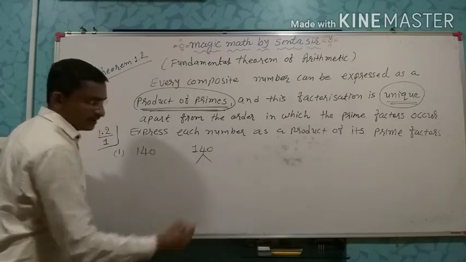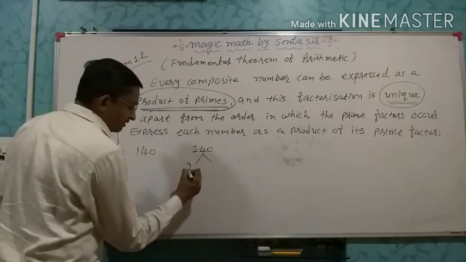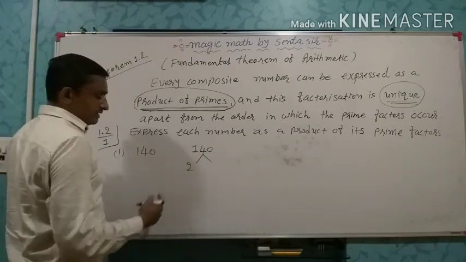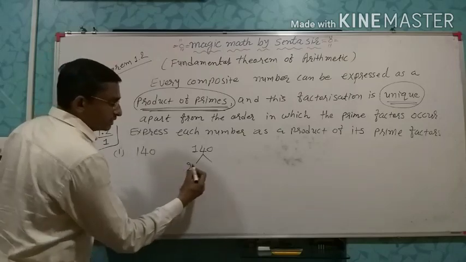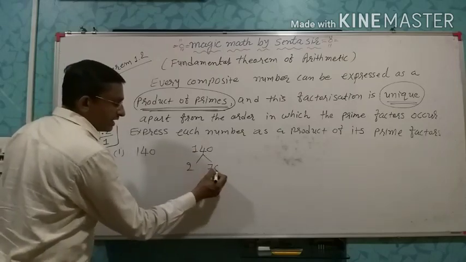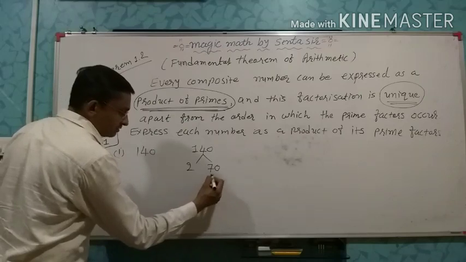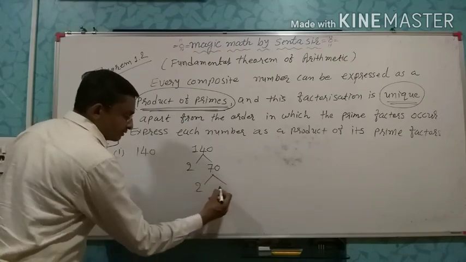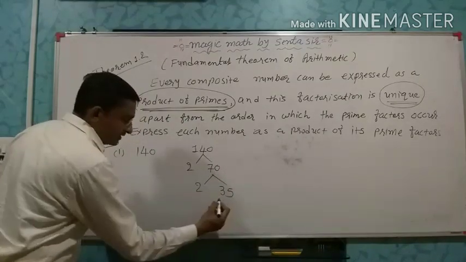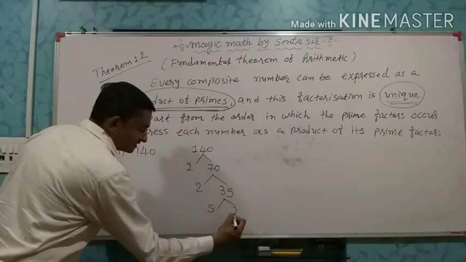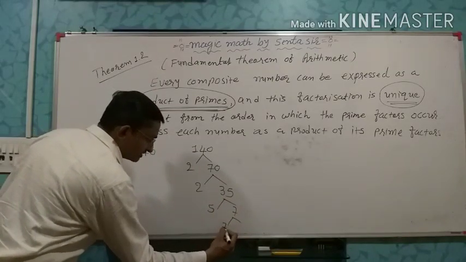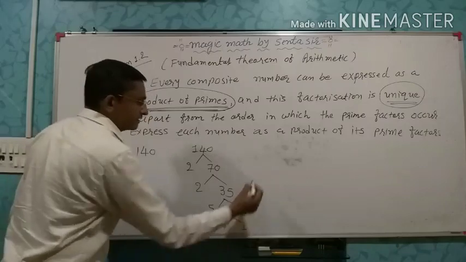140 is an even number. Therefore, we take 2 as a factor. 2 sevens are 14, and 0. 2 35s are 70. 5 sevens are 35 and 7 ones are 7.